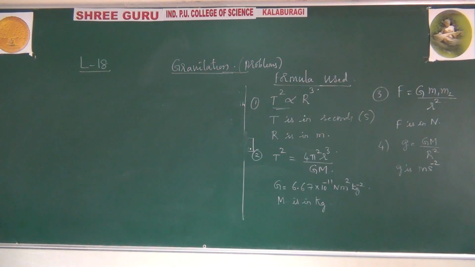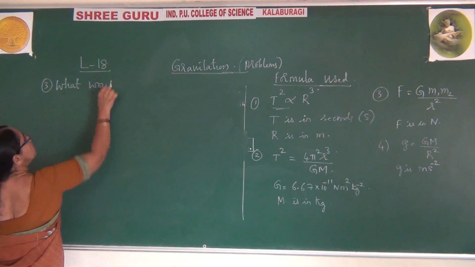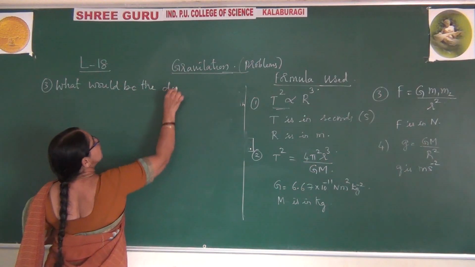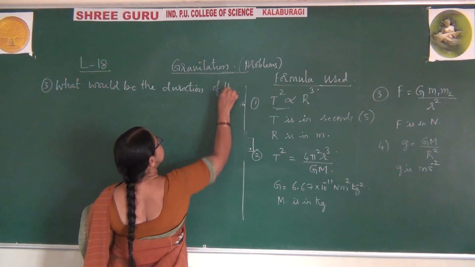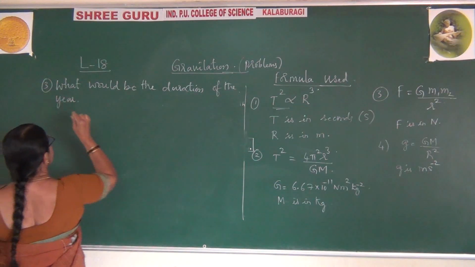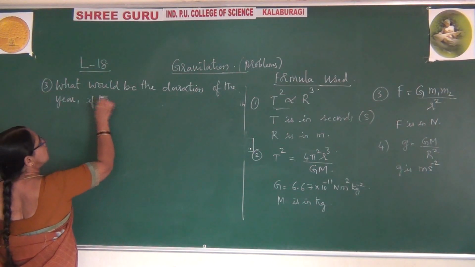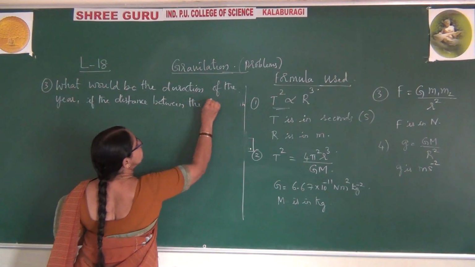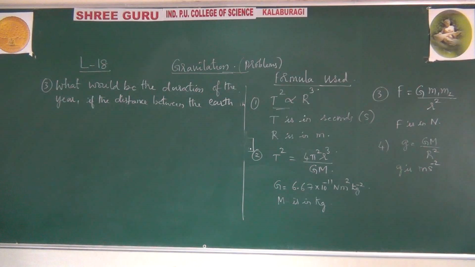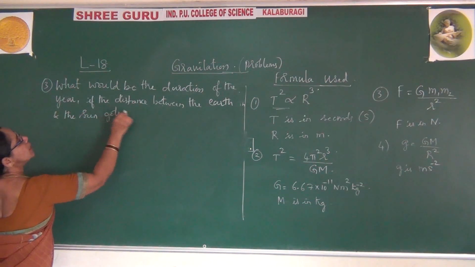If the distance between the earth and the sun gets doubled, what would be the duration of the year? Okay, what would be the duration of the year if the distance between the earth and the sun gets doubled?